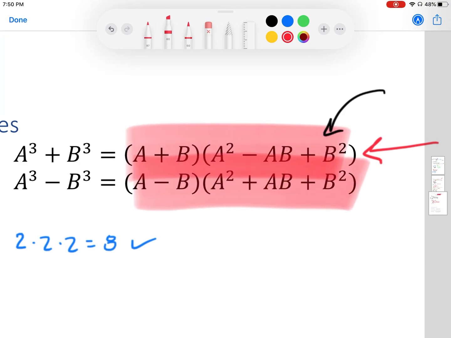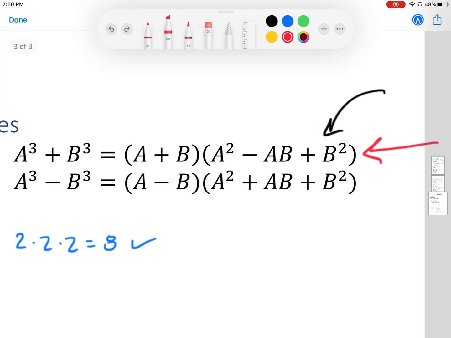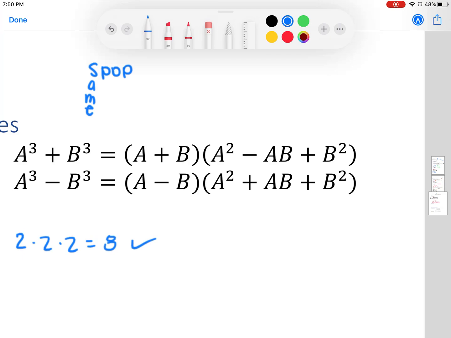Now, let's take a moment to consider our problems. Notice the signs. A way to remember these weird signs: I remember one of my teachers said, remember the word SOAP. For same, opposite, always positive.